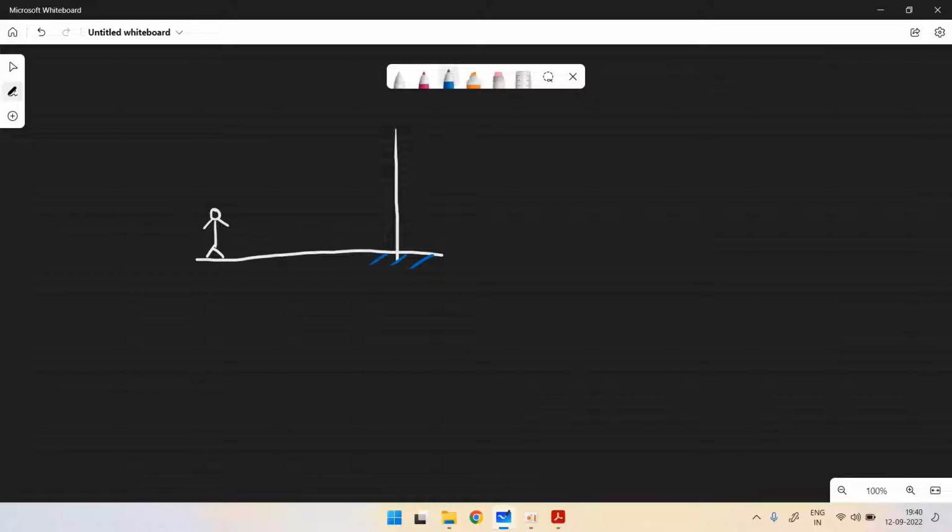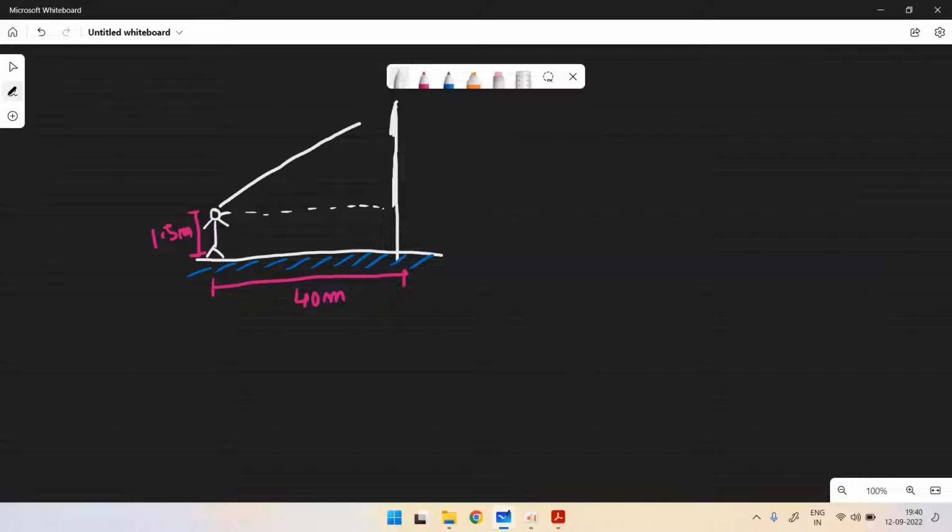The pole's height is not known. It is given that the height of the person is 1.5 meters and the angle of elevation to the top is, let us suppose, 30 degrees. So this angle will be 30 degrees.